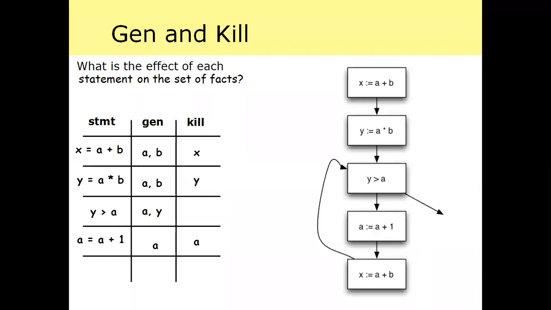And here also we have the generation and kill functions. For the same example, I am talking about the liveness analysis. So this is an example for the liveness analysis. What is the effect of each statement on the set of facts? The same statements I'm taking here, but see the difference between the available expression table representation and the liveness analysis.